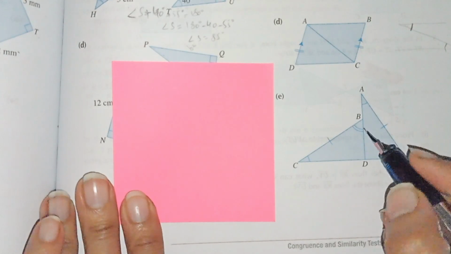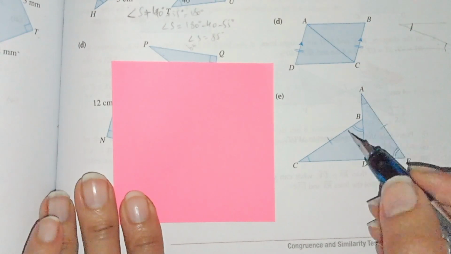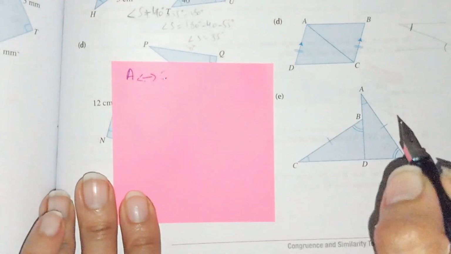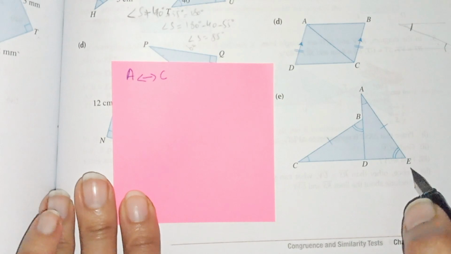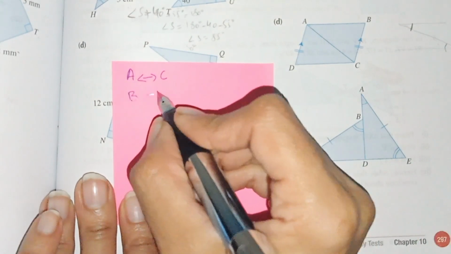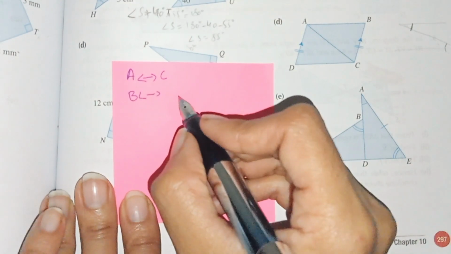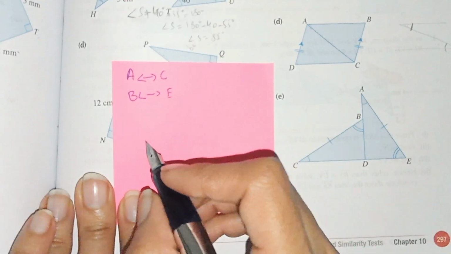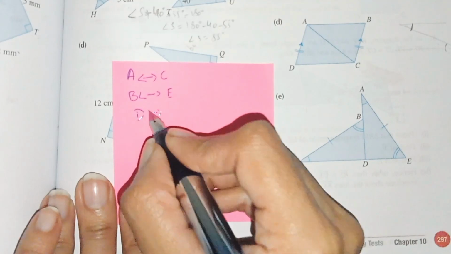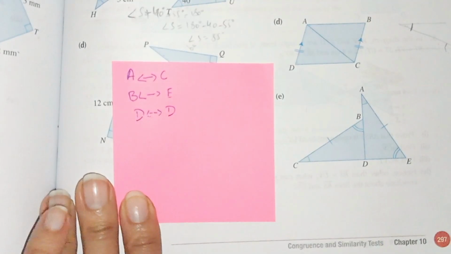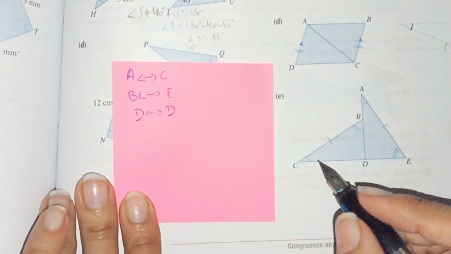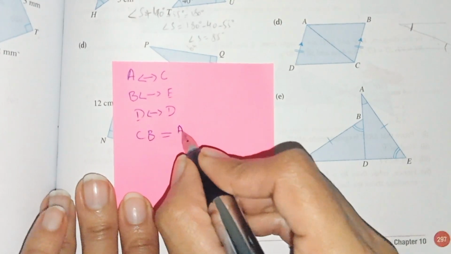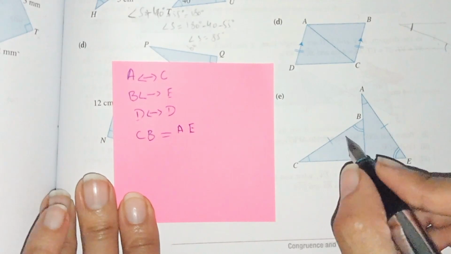In part number E, you can observe that the angle is given to us, A is equivalent to C, and B is equivalent to E, and D is equivalent to D. Now the side CB is equal to side AE, that is given to us.